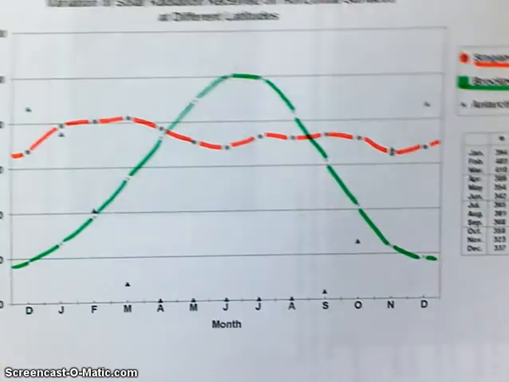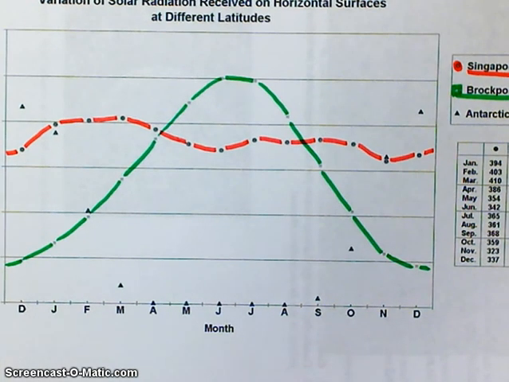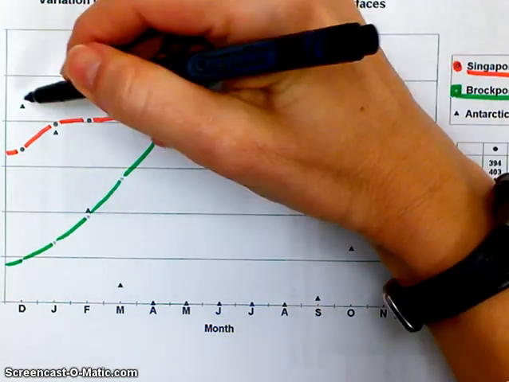Okay, so that's Brockport in green, and we're going to do Antarctica in blue. Those are the blue triangles.